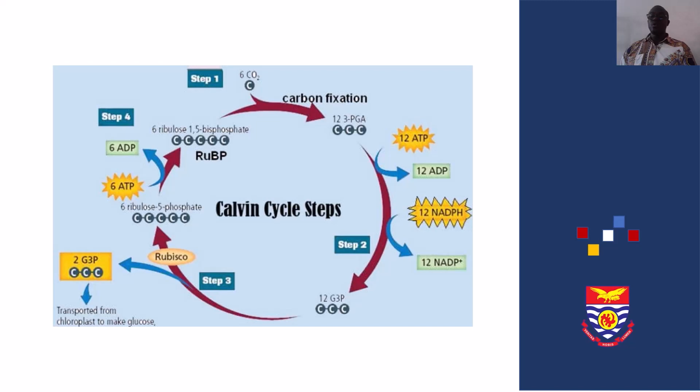You have 2 molecules of G3P and 6 molecules of ATP. That's ADP being produced, and that is step 4, with which we have 6 ribulose 1,5-bisphosphate being produced. Then the cycle continues on a bit.